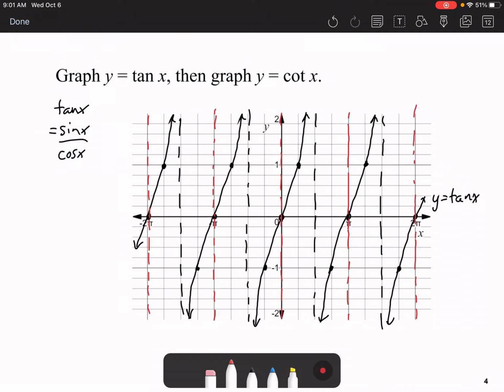Where y equals negative 1, and where y equals 1, we have points of intersection between our original function and our reciprocal.